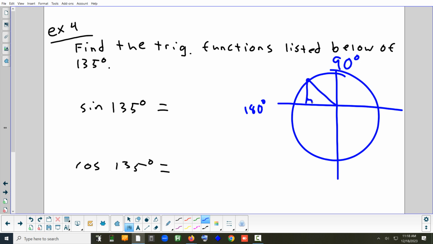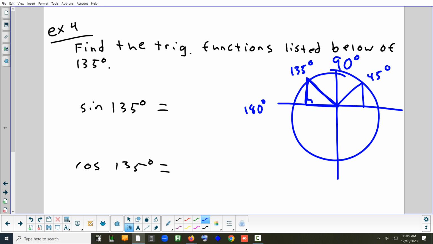Every single angle that I give you on the unit circle is going to be a multiple of 30 or 45. That is a multiple of 45. It's not a multiple of 30. So this is 135, which means the triangle you just drew right here is the same as the triangle you would have drawn over here for the 45. It's the same triangle.